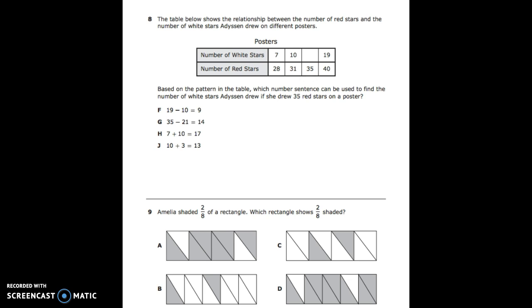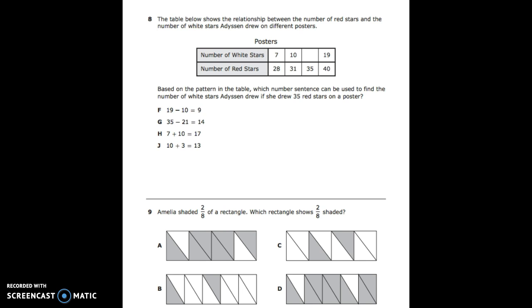Okay, question 8. The table below shows the relationship between the number of red stars and the number of white stars Addison drew on different posters. Based on the pattern in the table, which number sentence can be used to find the number of white stars Addison drew if she drew 35 red stars on a poster?